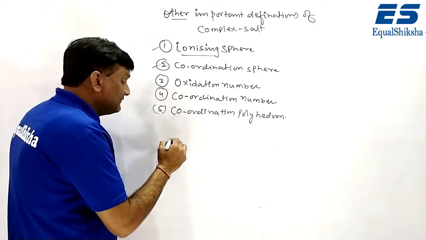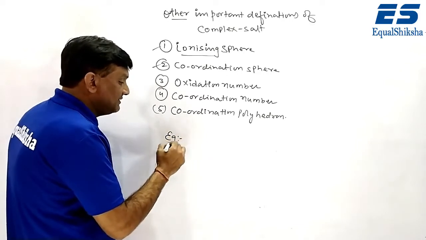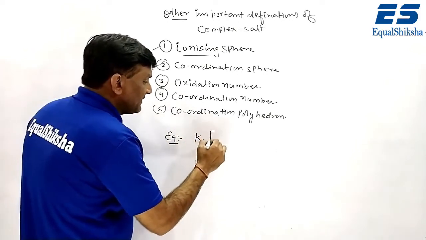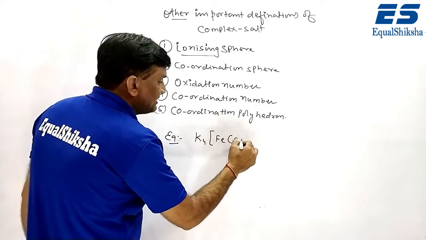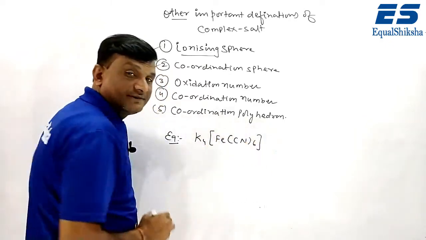What is that? For this example, K4[Fe(CN)6].